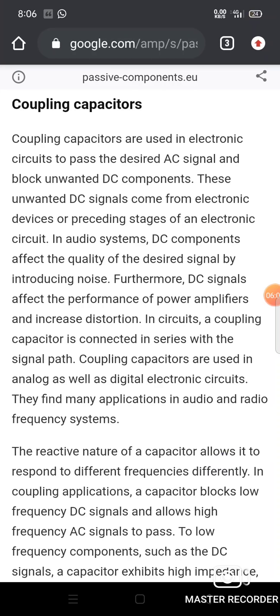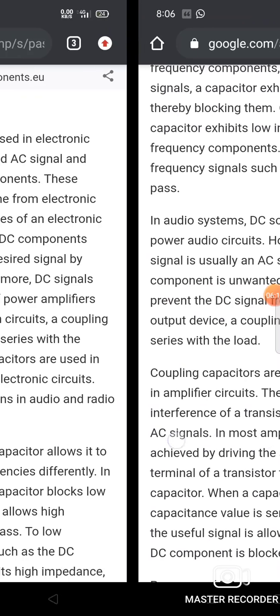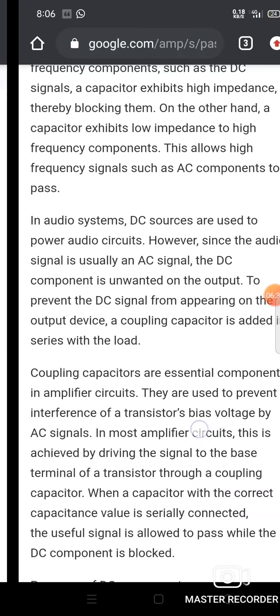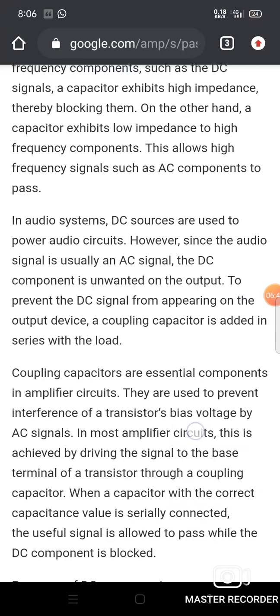To low frequency components such as DC signals, a capacitor exhibits high impedance, thereby blocking them. On the other hand, a capacitor exhibits low impedance to high frequency components. So these are the capacitor's actions based on low and high frequencies, whether the impedance is increased or decreased. This allows high frequency signals such as AC components to pass.